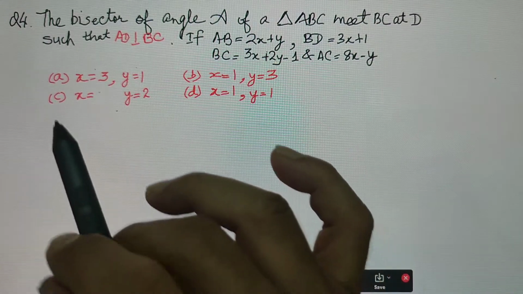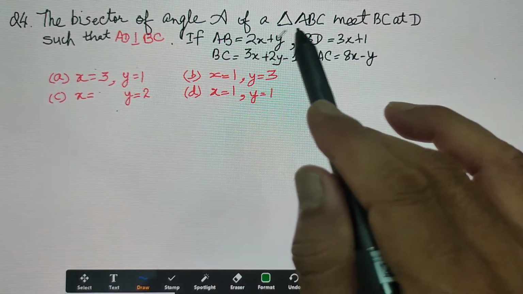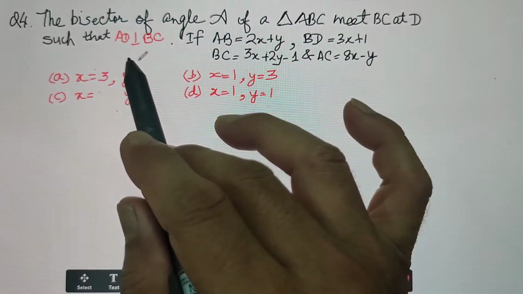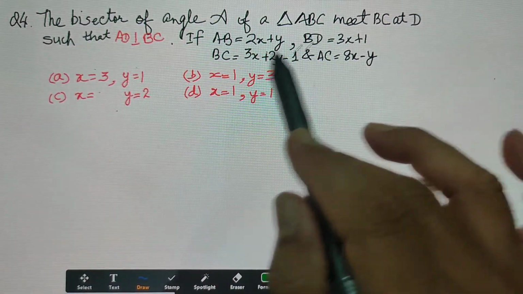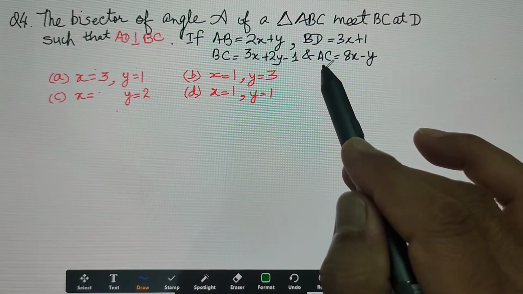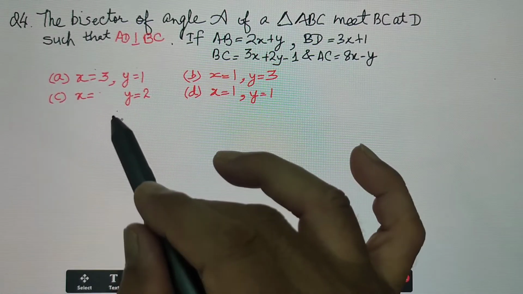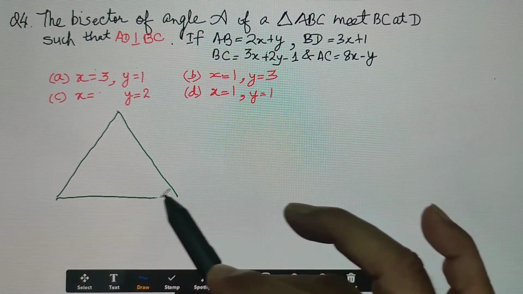Let's see the next question, where we've been given the bisector of angle A of a triangle ABC meeting BC at D such that AD is perpendicular to BC, and the values of AB, BD, BC and AC are given. We have to calculate the value of x and y. First we're going to draw the required triangle.